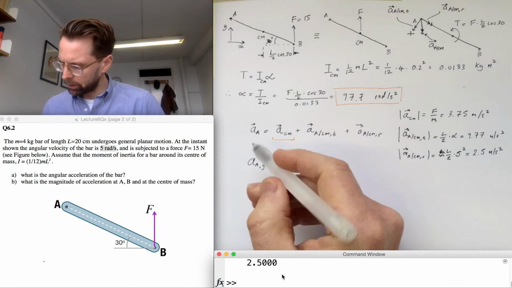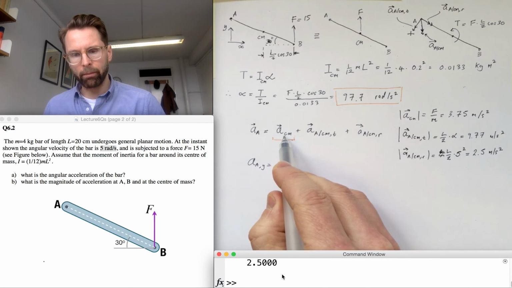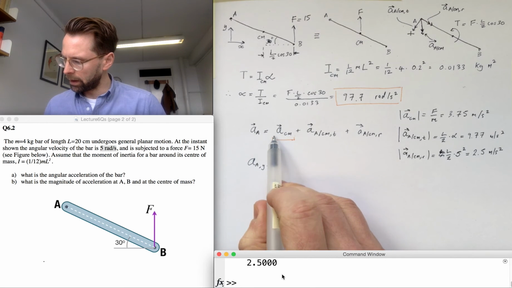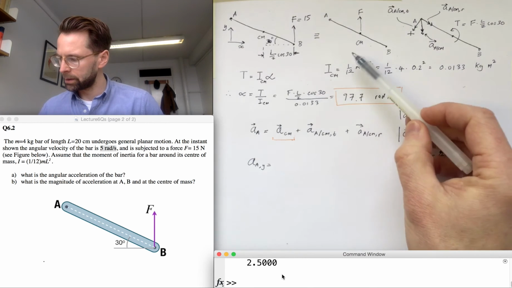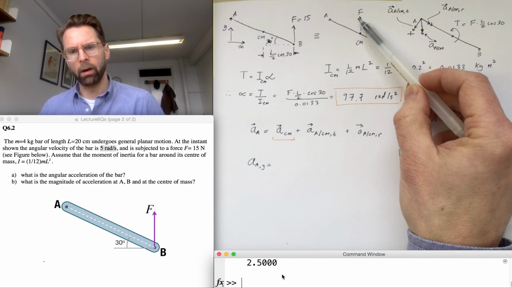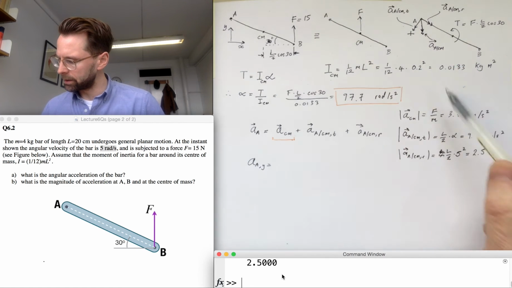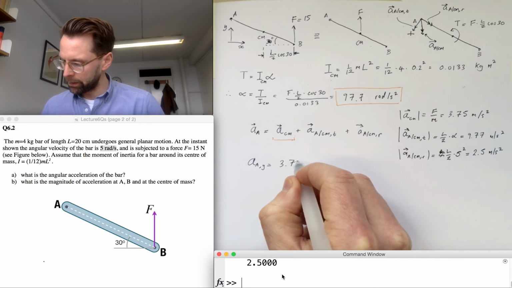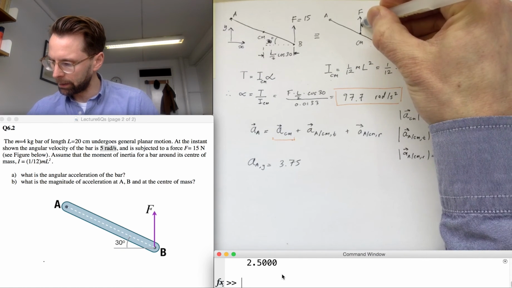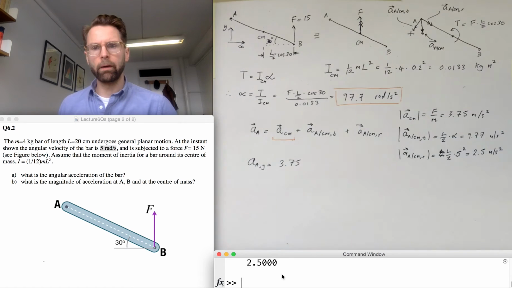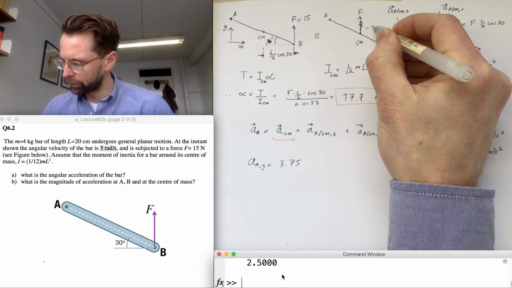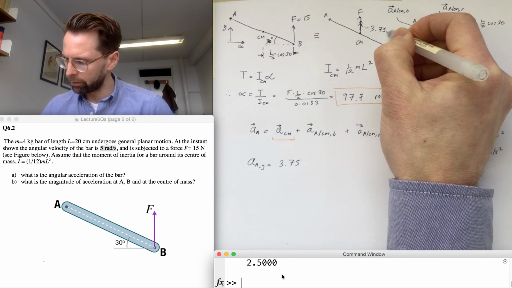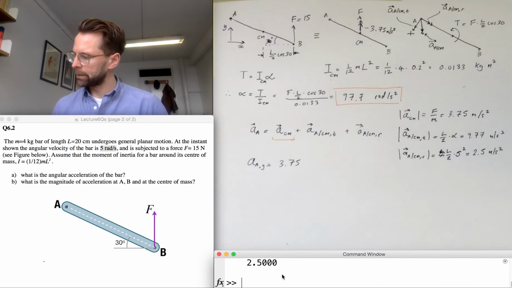What is the y component of the acceleration of the centre of mass? It's in the direction of y, so it's equal to 3.75. So that's the acceleration here of the centre of mass, which is equal to 3.75 meters per second squared.